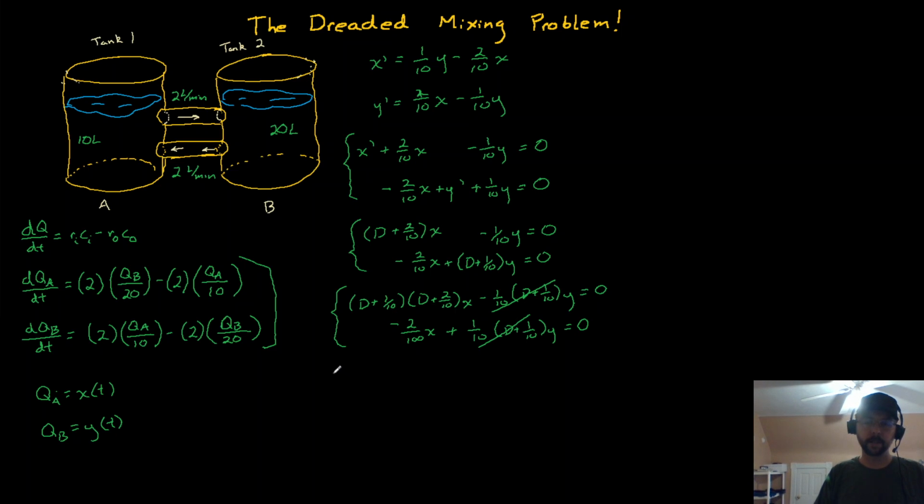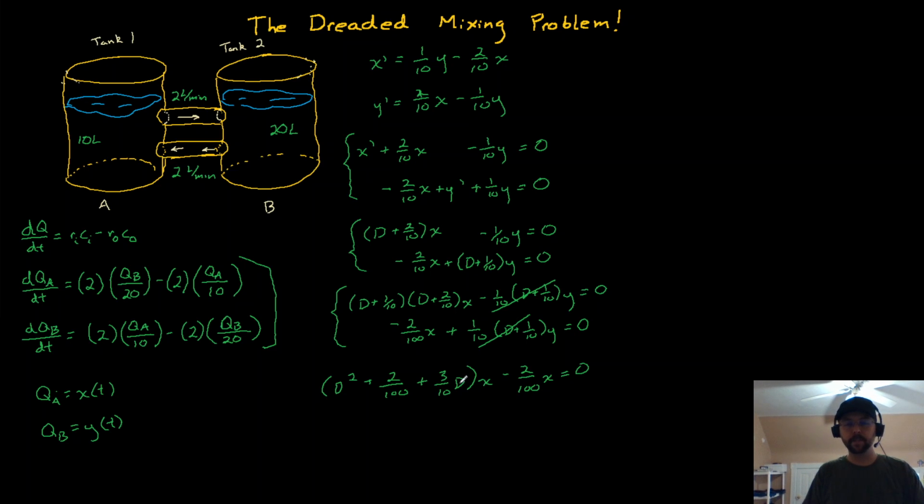So we'll have D squared plus 2 over 100, plus, we're going to end up with 2 over 10 D plus 1 over 10 D, which will be 3 over 10 D, times x minus 2 over 100 x equals 0. Now we're going to distribute the x back in.